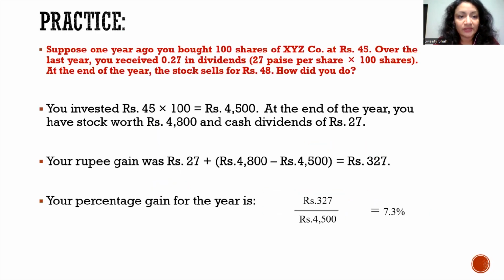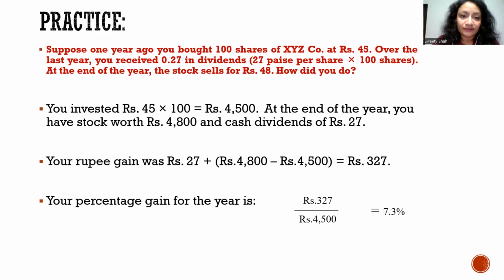Further, let's see one more example. Suppose you are investing in one of the shares and you are buying 100 shares of that company at, let's say, 45. Over the period of last year, you have received 0.27 dividend per share. So your total dividend here would be 0.27 multiplied by 100 shares.